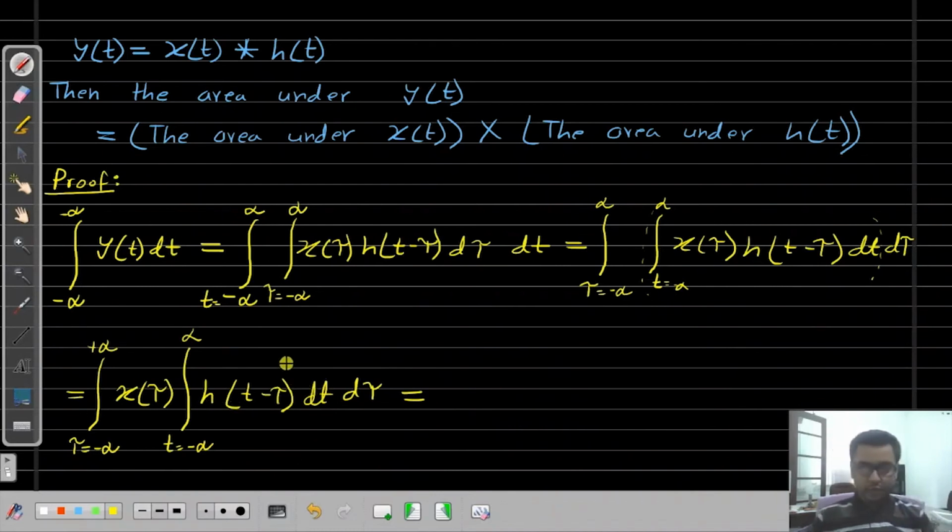Or to be more rigorous, if you want, I can replace t minus tau with a variable, say z, and then it will become like this.